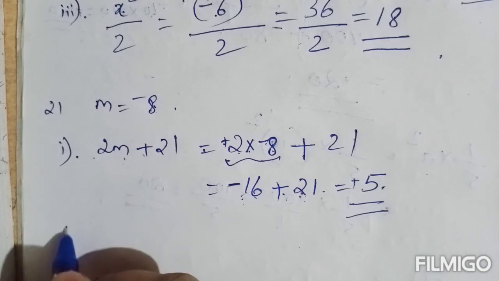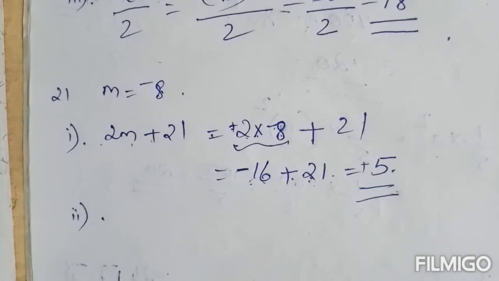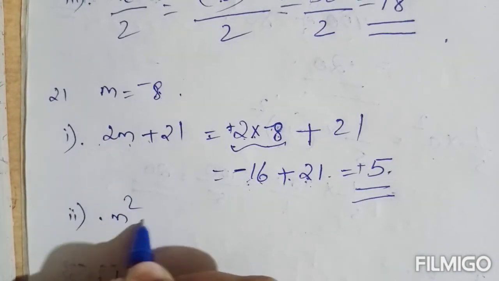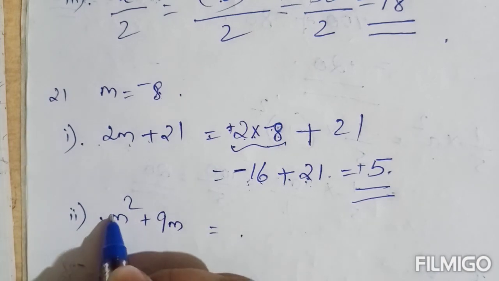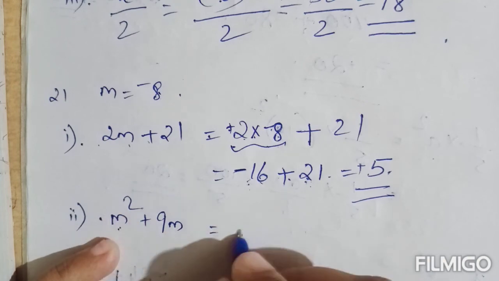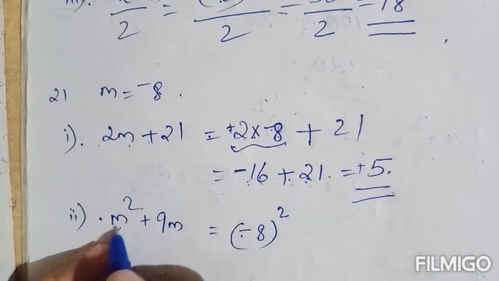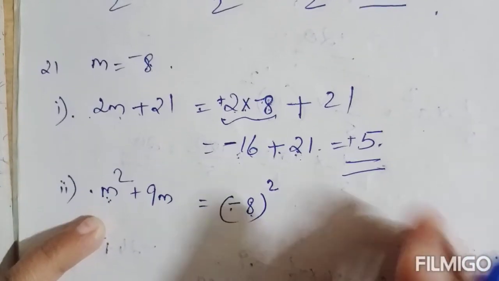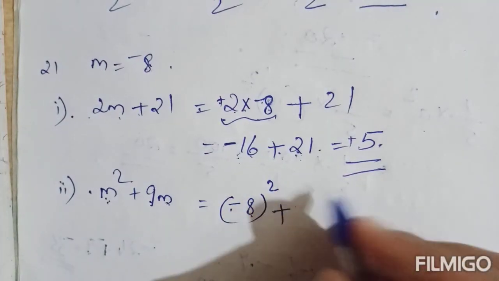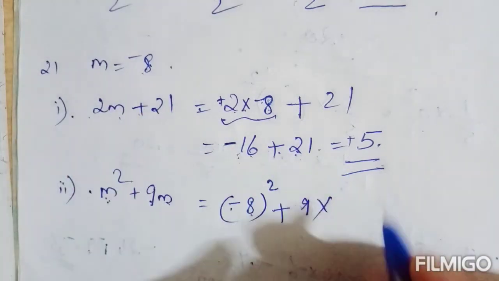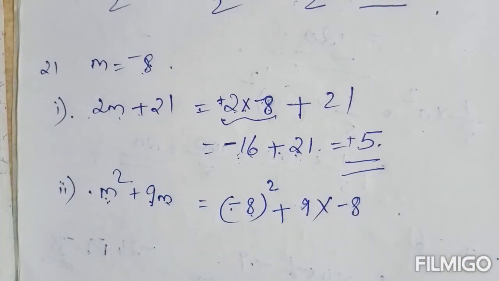In that second one, m square plus 9m. So giving value for m. M square means minus 8 square. M value, it is minus 8. So minus 8 square plus 9m, that means 9 into m value, it is minus 8.